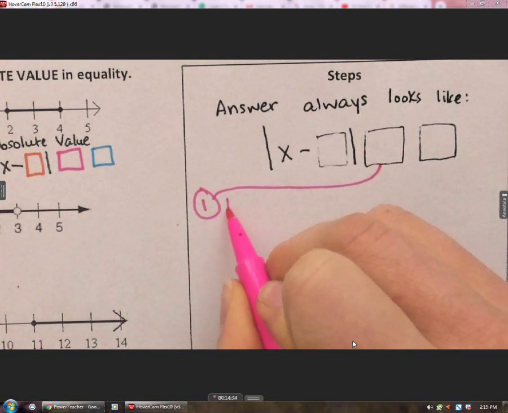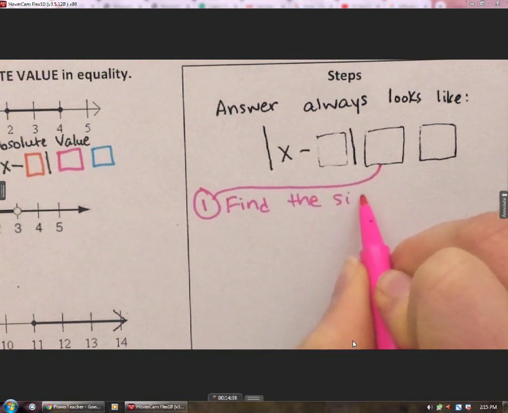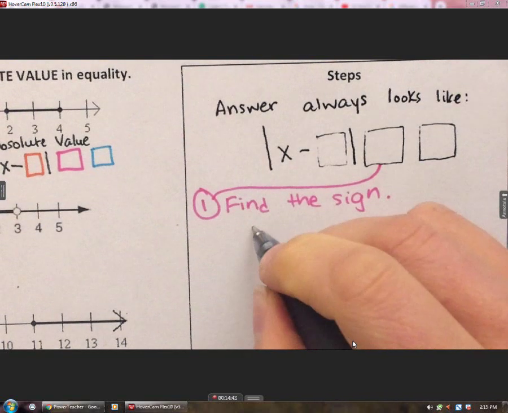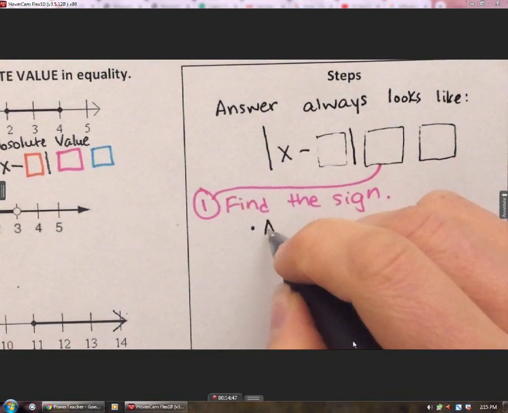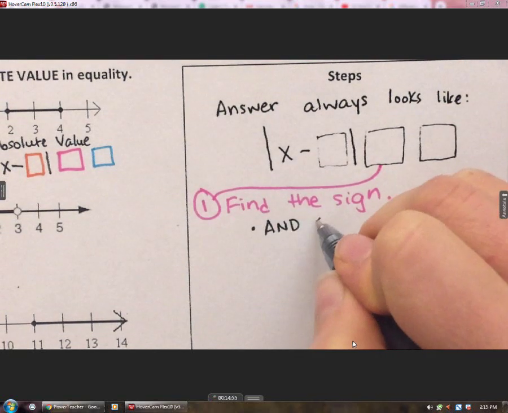We need to find the sign, the inequality sign. So if you have an AND statement, is it going to be a less than or a greater than? It's going to be a less than.